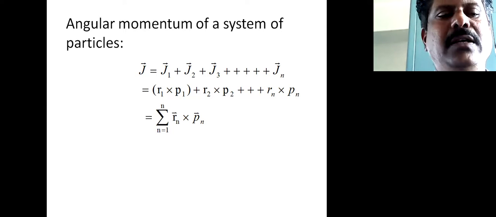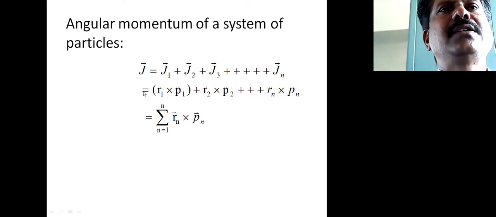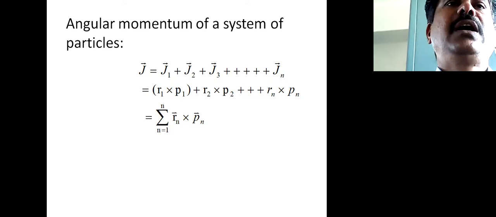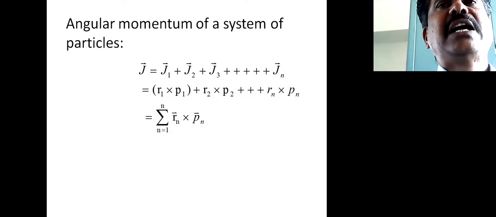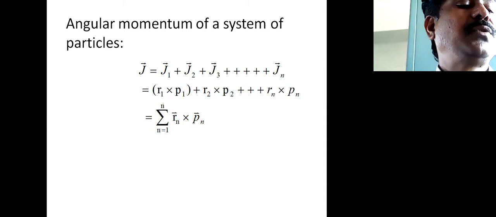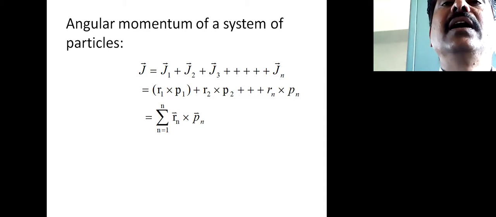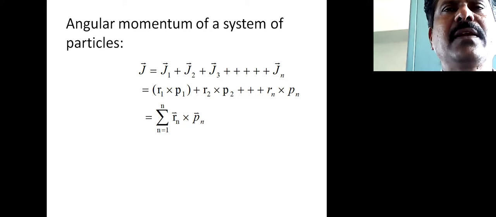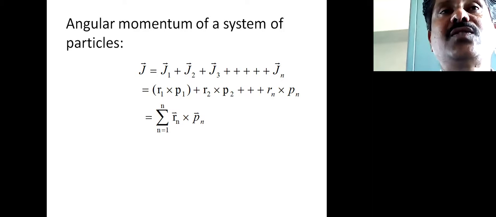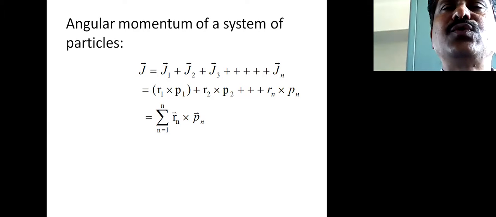Here, m1, m2, m3 up to mn are the masses of the particles existing inside that system, v1, v2, v3 up to vn are the linear velocities of the objects, and r1, r2, r3 are the distances of all the particles.